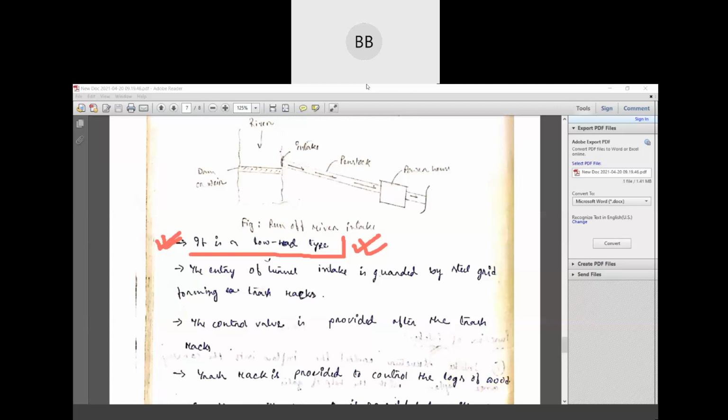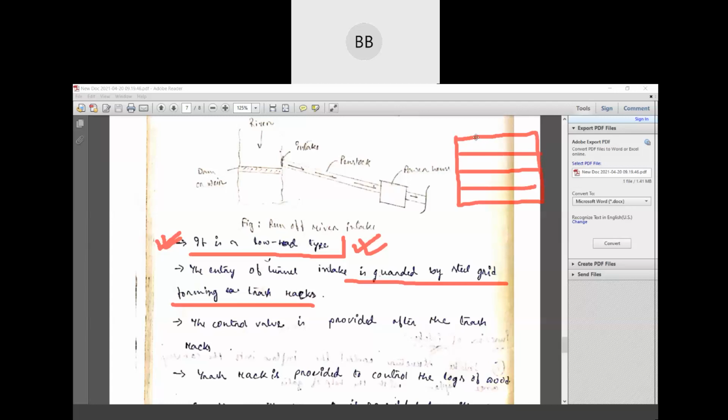Then second point you write, the entry of the tunnel intake is guarded by steel grid forming crest rack. Steel grid means it's like a mesh with steel bars at some intervals. This is called crest rack.